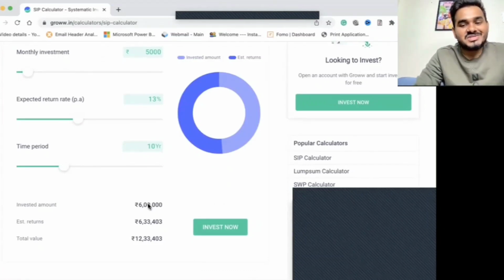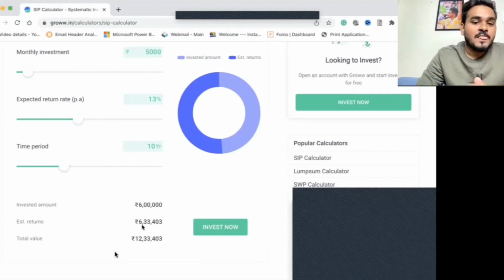If you invested 6 lakhs over a period of 10 years, you will get around 6,33,000 returns, which is more than the investment value. So your 6 lakhs will become 12 lakhs 33,000 after investing 5,000 for 10 years. If you invest more when you start earning more, you can increase the monthly investment.